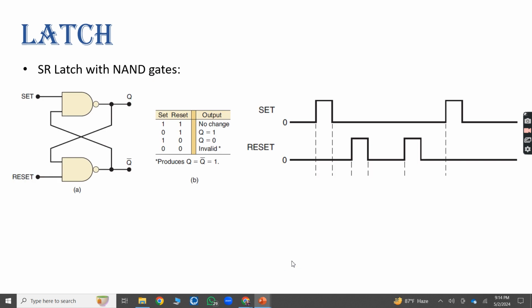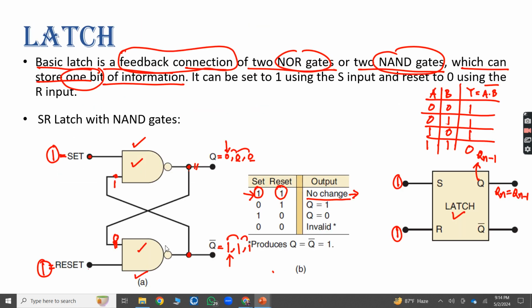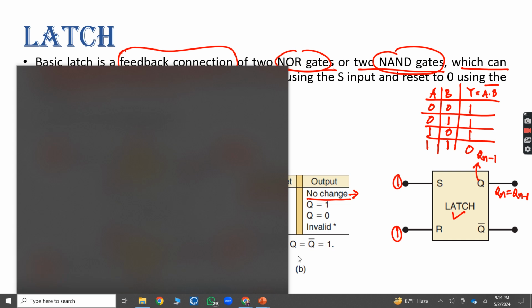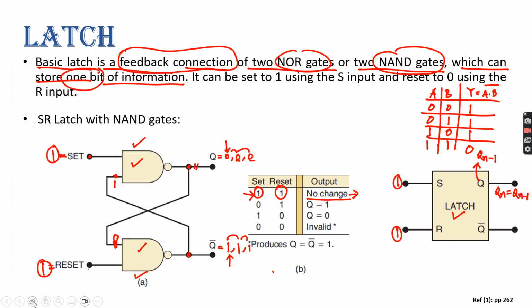So now this 0 and 1 we just took randomly, right? If we want to take any value other than 0, what will happen now?